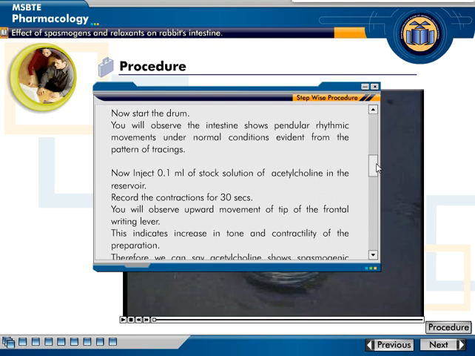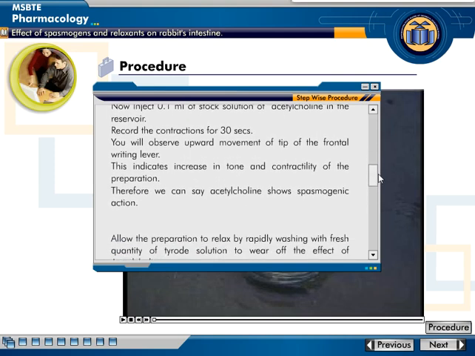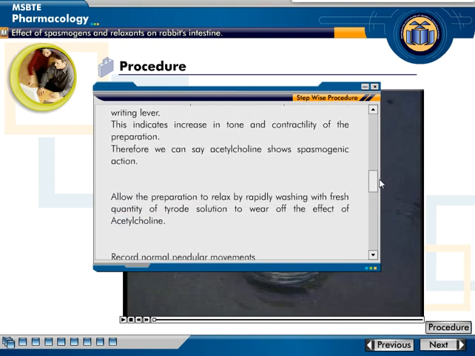You will observe the upward movement of tip of the frontal writing lever. This indicates an increase in tone and contractility of preparation. So therefore we can say that acetylcholine shows spasmogenic action.